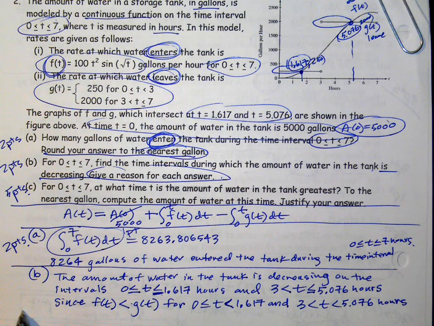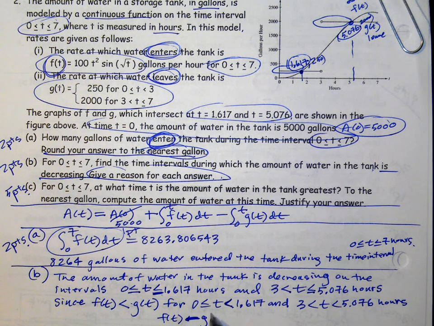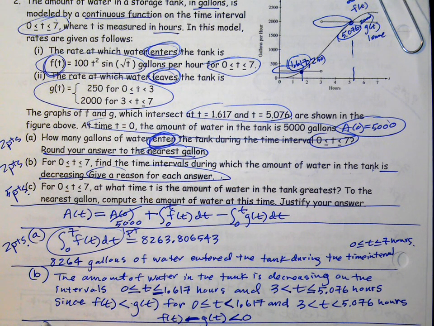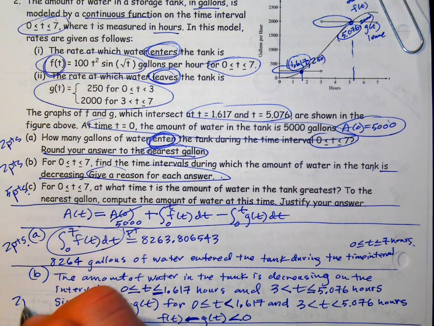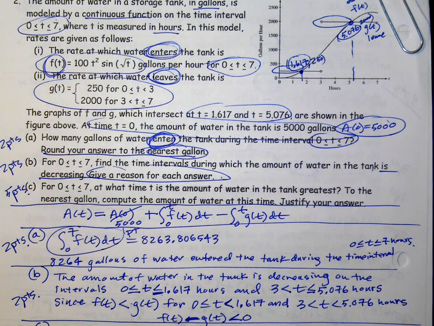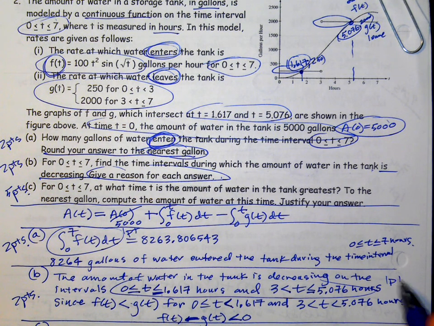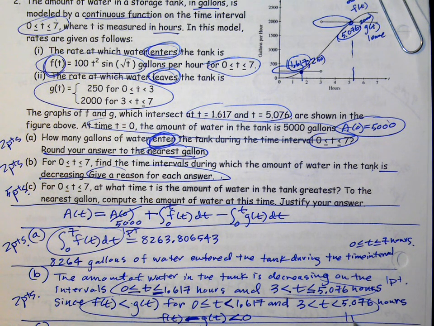So another way of saying it is that F(t) minus G(t) is negative. You could say that also. So there might be a couple different ways of doing that. Now, this was 2 points: 1 point was for the intervals and 1 point was for your explanation.